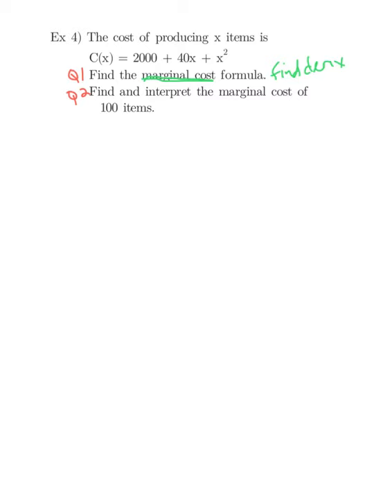We're going to do that 4-step process again. Step 1, in this case our function's name is c, so we're going to do c of x plus h. If we do that, we will get 2,000 plus 40 times (x plus h) plus (x plus h) that we are squaring.